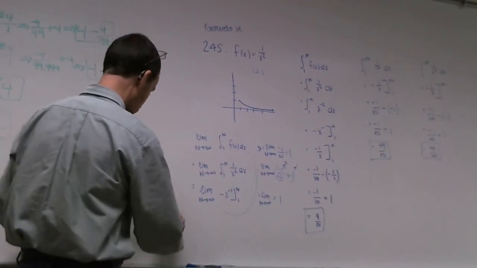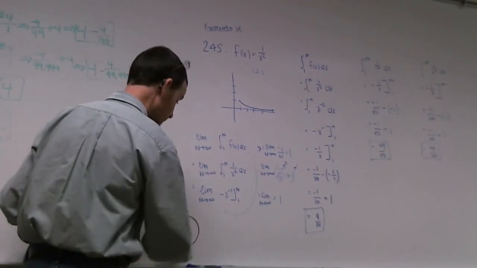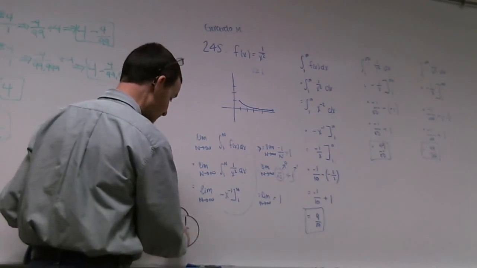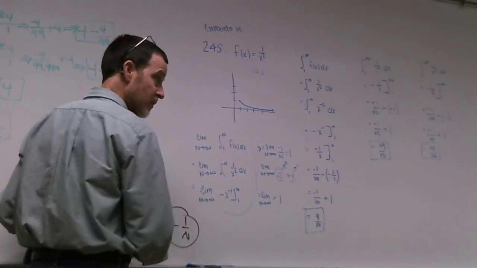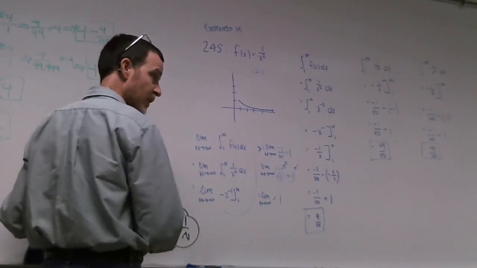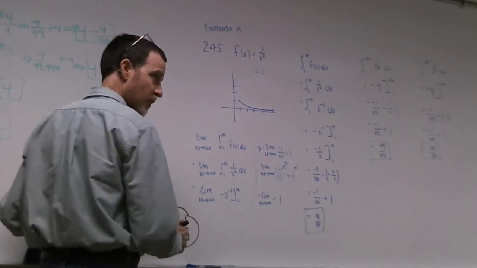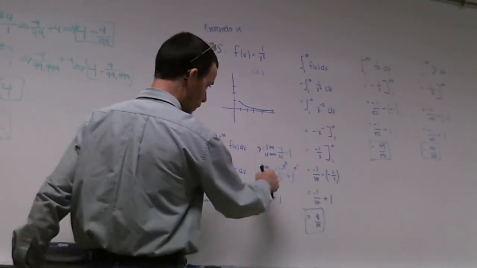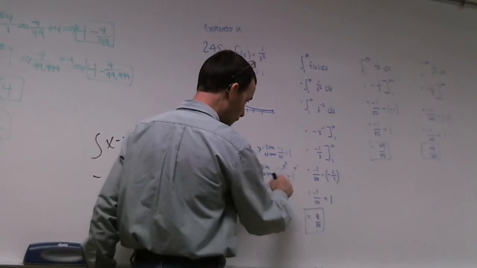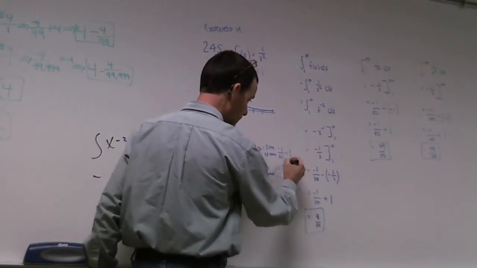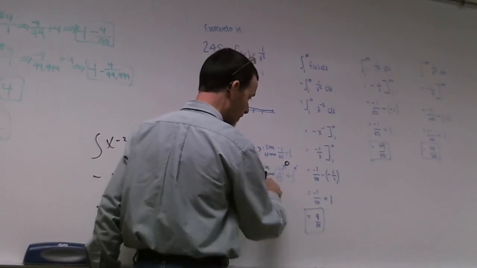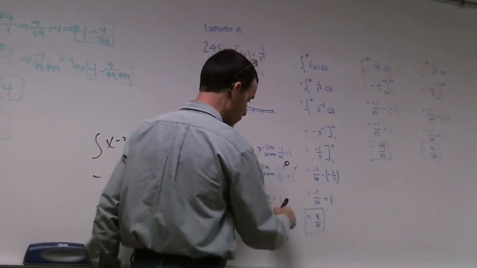So that whole thing is basically 1 minus 1 over n. Right? Now what happens as n goes to infinity? What's 1 over n go to when n is getting bigger and bigger and bigger? Getting smaller and smaller and smaller, right? So he's got negative 1 over n plus 1, but the 1 over n is going to 0. Therefore, the limit as n goes to infinity of 1 minus 1 over n is going to 1.